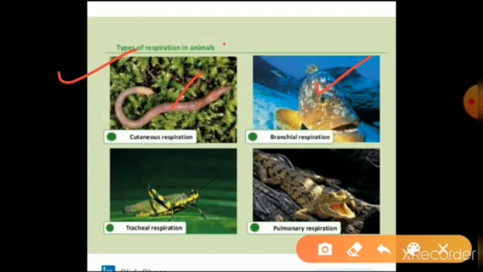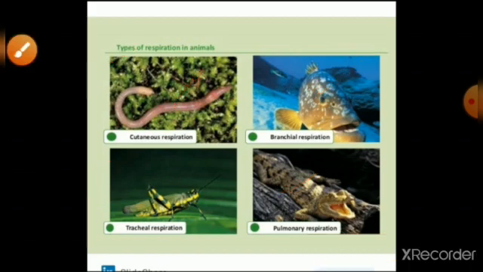For example, branchial respiration is present in fishes. When the respiratory organ is trachea, then that type of respiration is known as tracheal respiration, and tracheal respiration, students, is seen in insects. And last, pulmonary respiration, when the respiratory organ is lungs. In all terrestrial forms, land forms of animals, respiration is taking place through lungs. So in those cases the respiratory organ is lungs, and that type of respiration is known as pulmonary respiration.